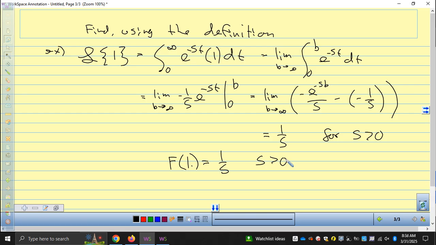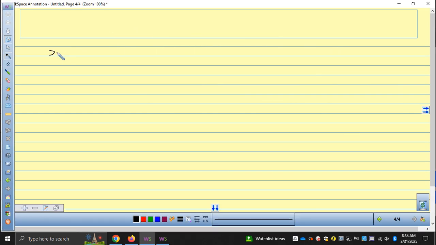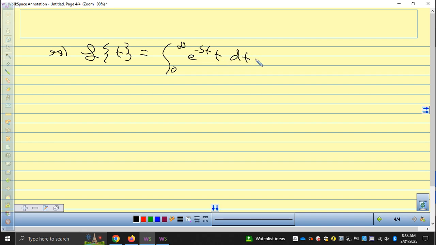Okay, let's find the Laplace transform of t now. The Laplace transform of t is the integral from 0 to infinity of e to the minus st times t dt. We need to do integration by parts here.